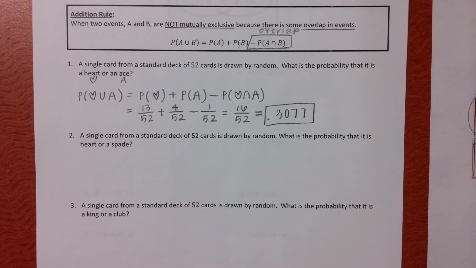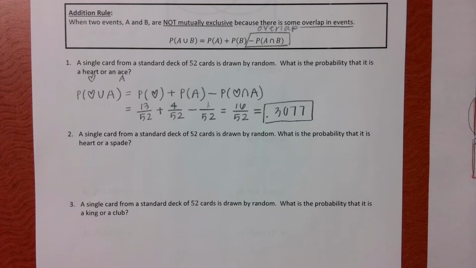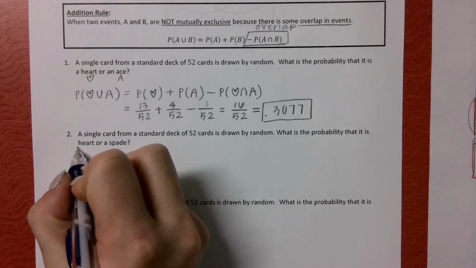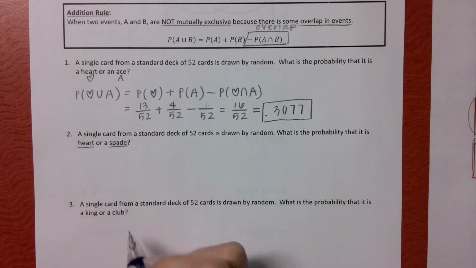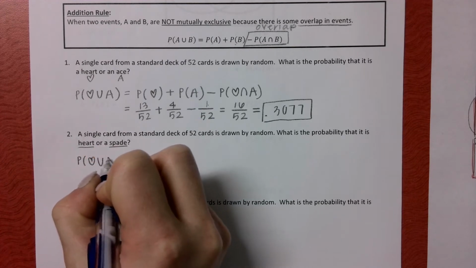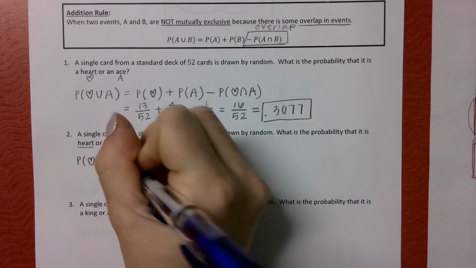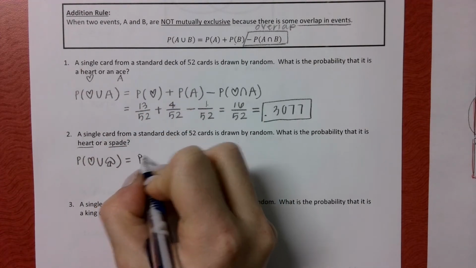Okay, number 2 says a single card from a standard deck of 52 cards is drawn at random. What's the probability that it is a heart or a spade? So now I'm looking for heart or spade. Hopefully you can tell that's a spade. Again, I'm going to start with my addition.